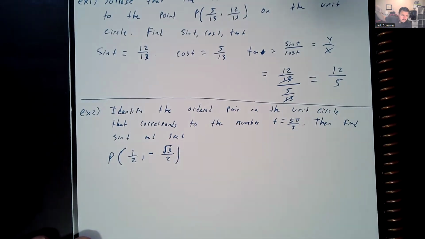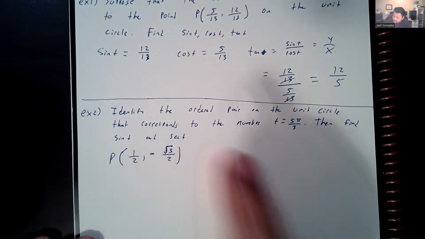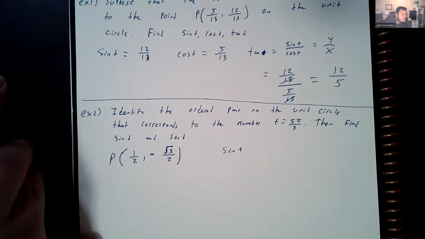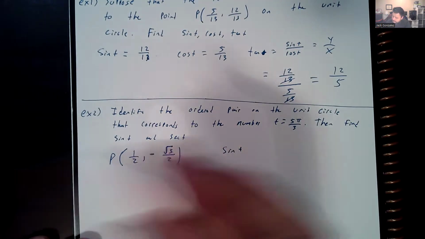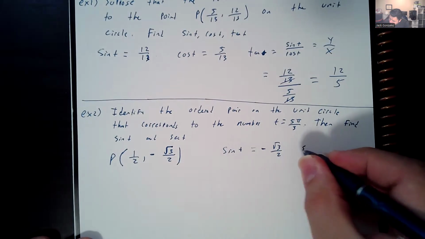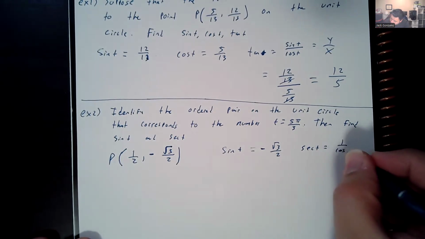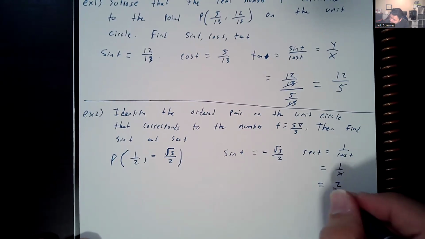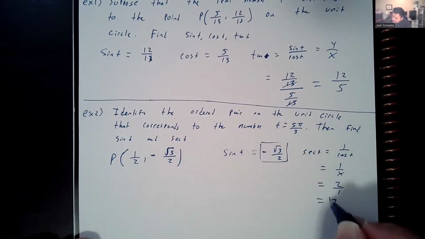So you go to that angle, 300 degrees or 5 pi thirds. That's the first part. Then they say find sine and secant. Well, sine we said is negative root 3 over 2. And secant t is equal to 1 over cosine, or 1 over x in this case, which is 2 over 1. So there's our two functions they asked for.